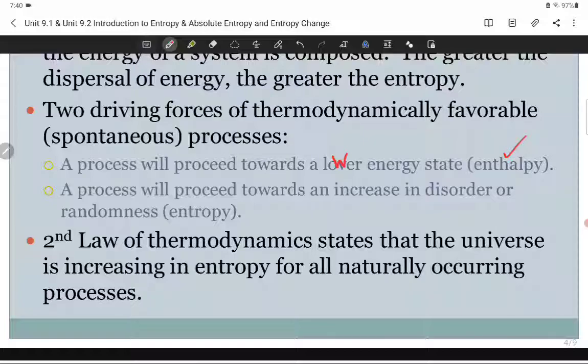And this relates to the second law of thermodynamics. We had our first law many units ago that said that you can't create nor destroy energy. And the second law says that the universe is always increasing in entropy, or in disorder, or in randomness.